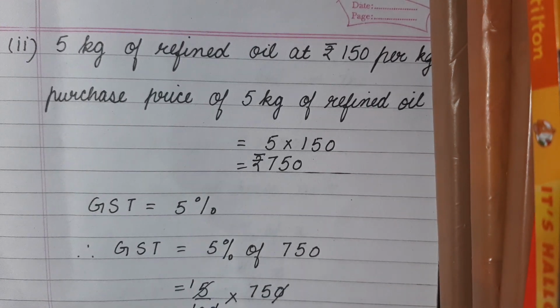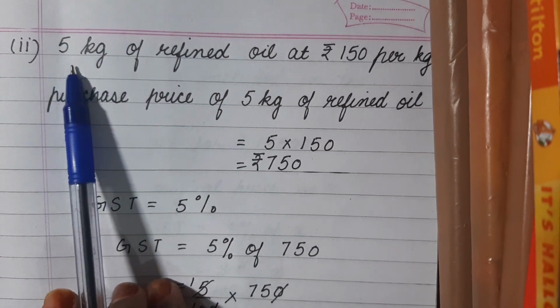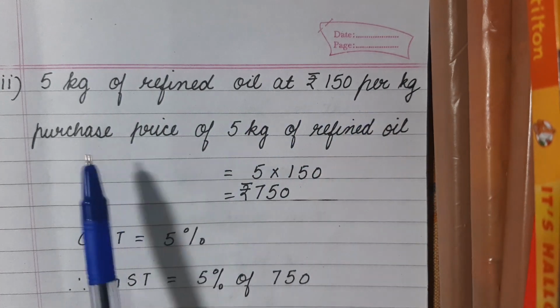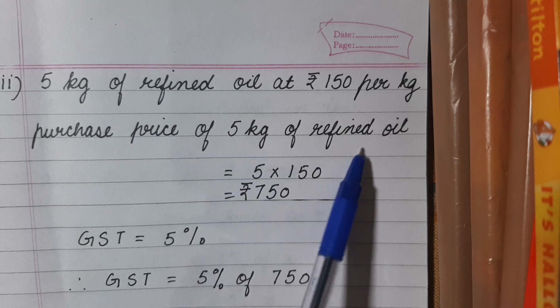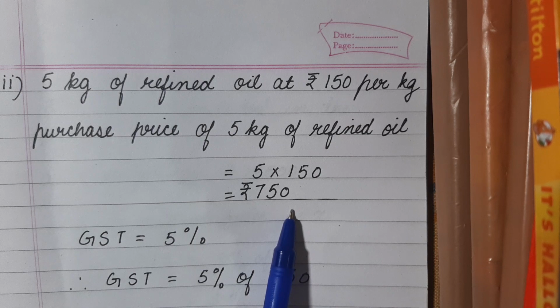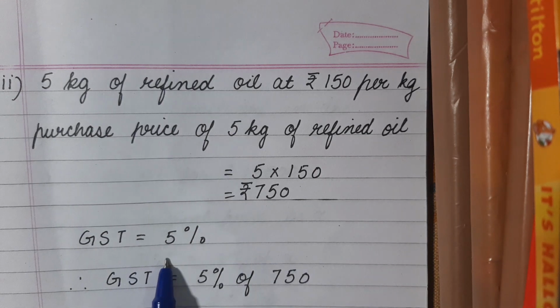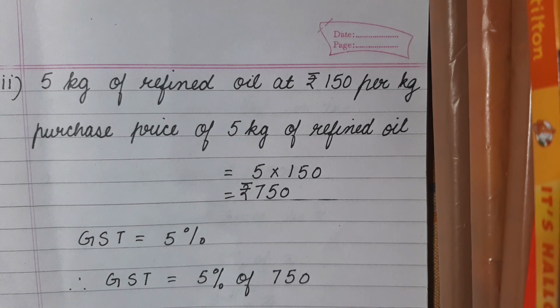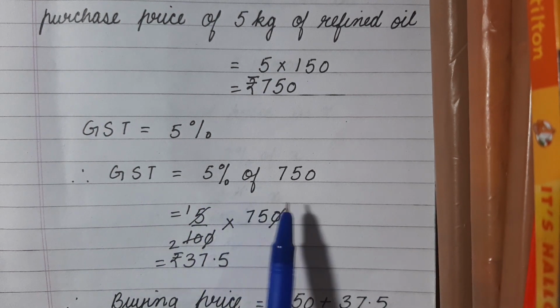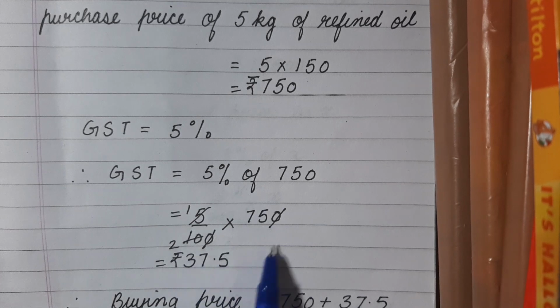Next question, again we have to find the buying price, where the purchase price is of 5 kg of refined oil at rupees 150 per kg. The purchase price will be 5 into 150, rupees 750. GST is again 5%. First we find the GST: 5% of 750, 5 upon 100 into 750, equals rupees 37.5.